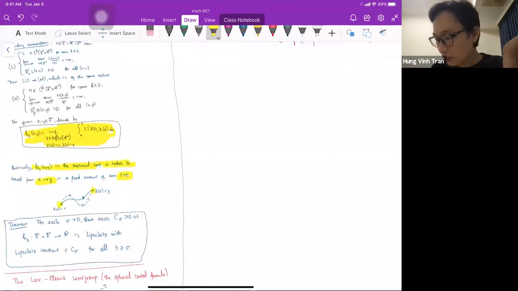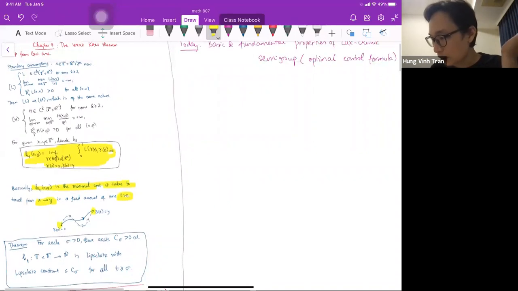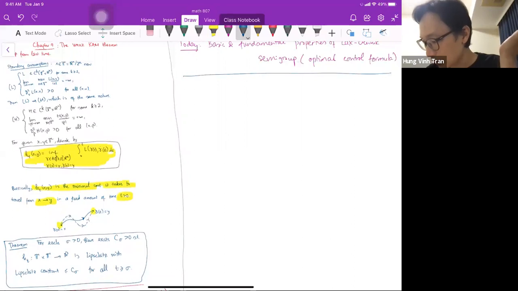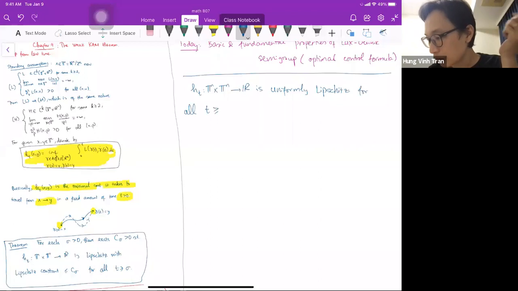And one of the most fundamental properties that we have been able to show, this is the key point, is that h_t, mapping from T^n cross T^n to R, is uniformly Lipschitz for all t greater than or equal to any fixed constant sigma greater than 0.